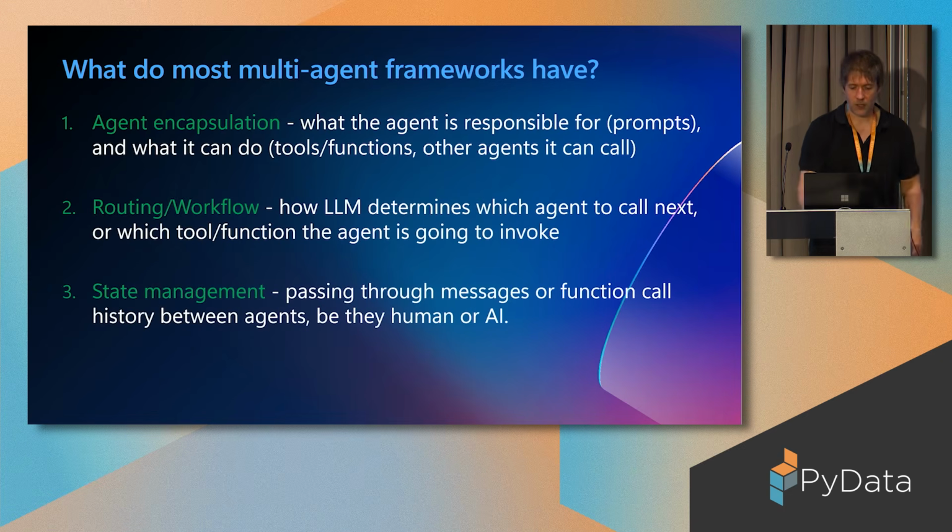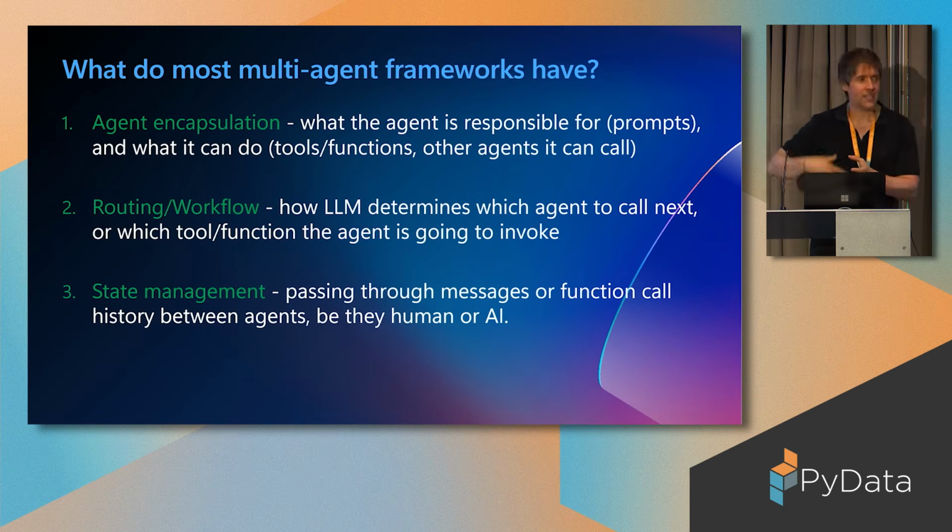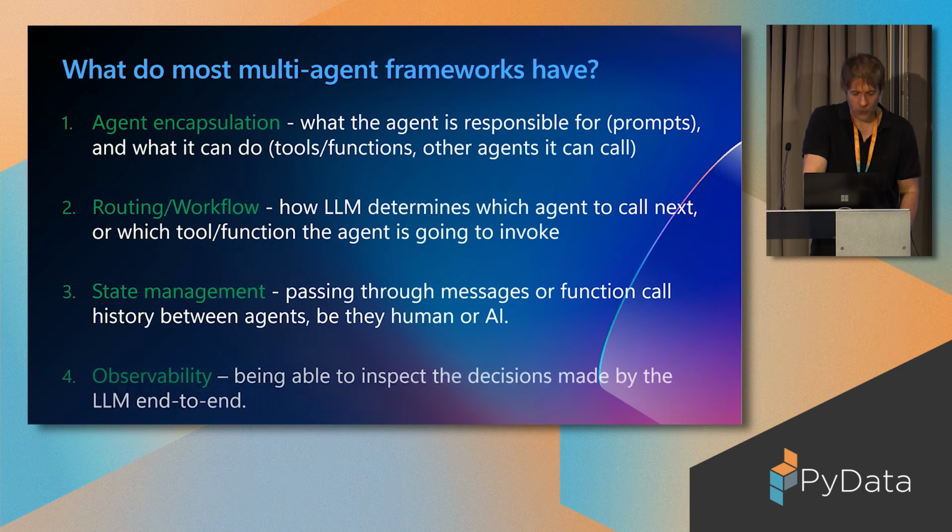State management: this is passing through of messages, but not only that, it could be intermediate computations in between messages, and metadata, and anything that is occurring in the system. All of it is rich input into the LLM. It's not just about language interactions. As we've all seen, it can interpret code and metadata as well. And observability, obviously, pretty much every application framework will benefit from that.